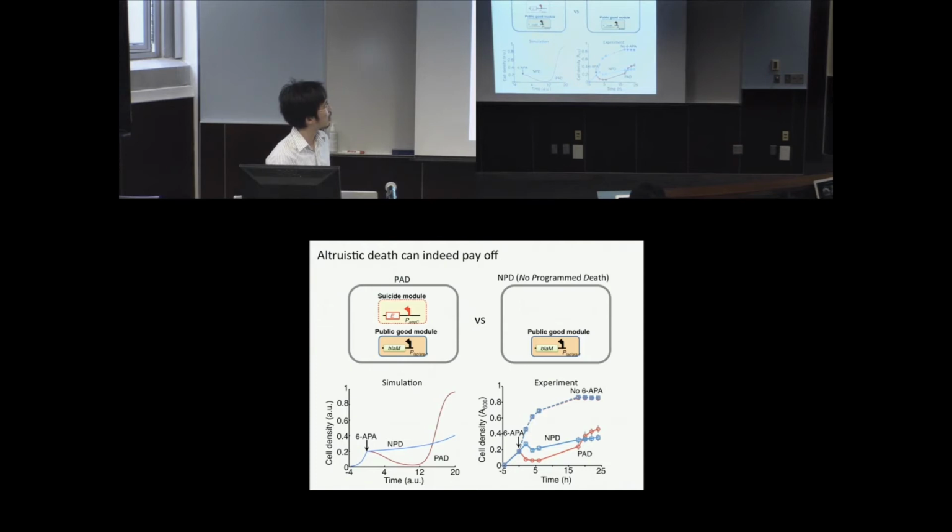And there's a critical time point above which PAT exceeds NPD growth. So this is good. In principle, this scheme of altruistic death can pay off at the population level. If you compare monoculture, there's a condition under which dying is worth doing.